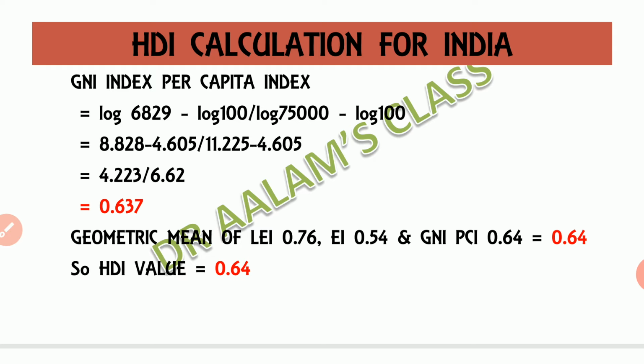Why it is done: the HDI uses natural logarithm of income to reflect the diminishing importance of income with increasing GNI per capita. We know that, say for example, a country is there whose per capita income is $500, and there is an increase of $100 in GNI per capita.